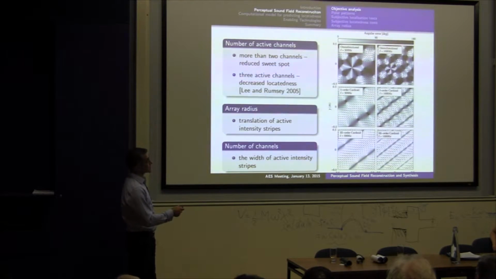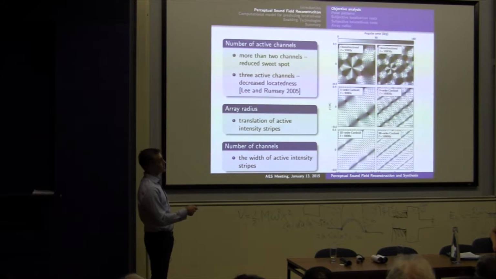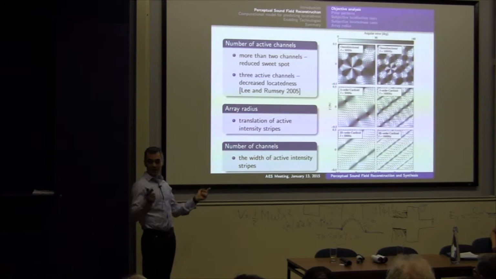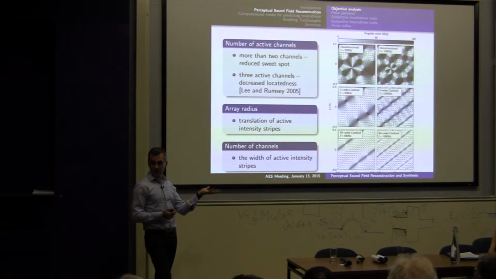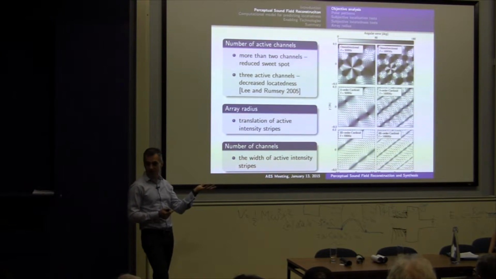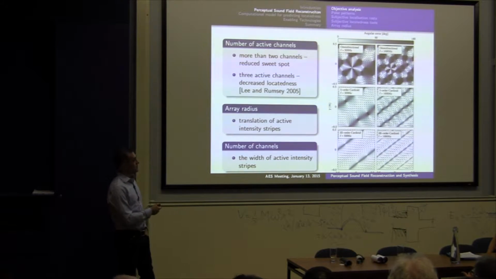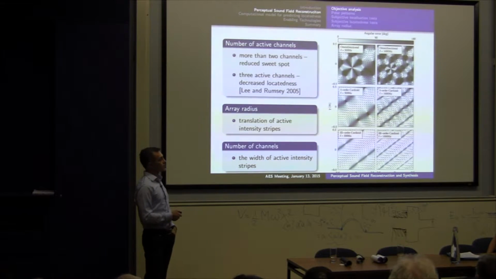What we see in the first row is what we obtain with a 5-channel system, using the diameter that Johnston proposed with just omnidirectional microphones. We can see that there is no direction or any kind of uniformity. We are trying to reproduce a monochromatic plane wave coming from this direction, 45 degrees.